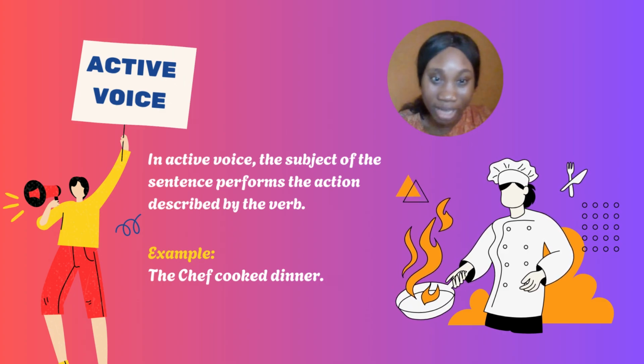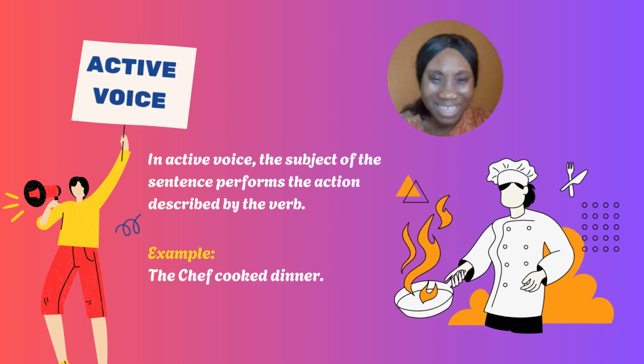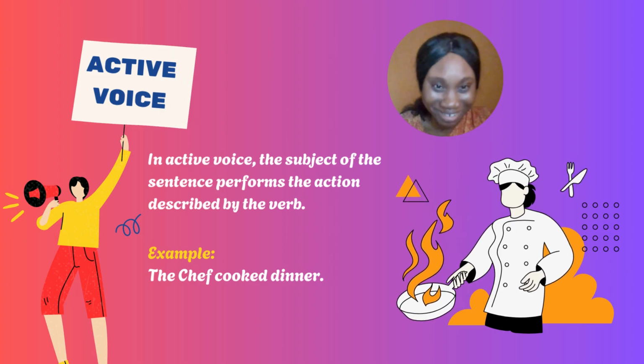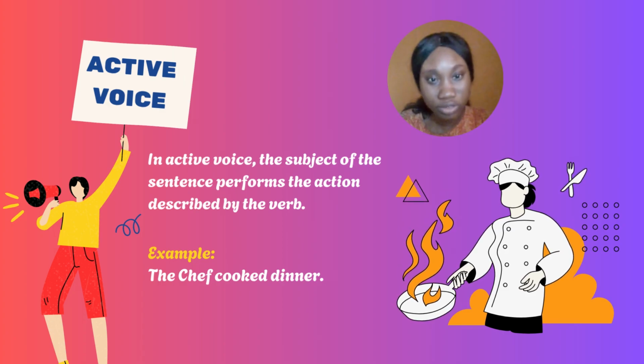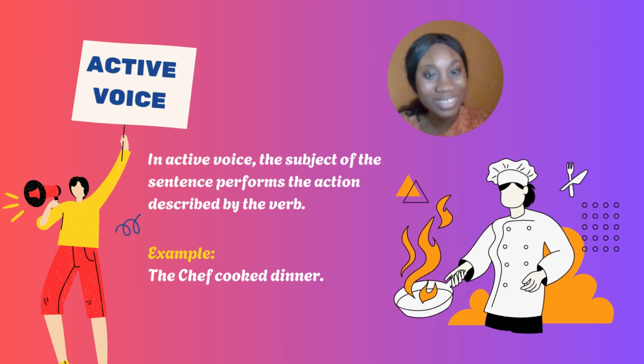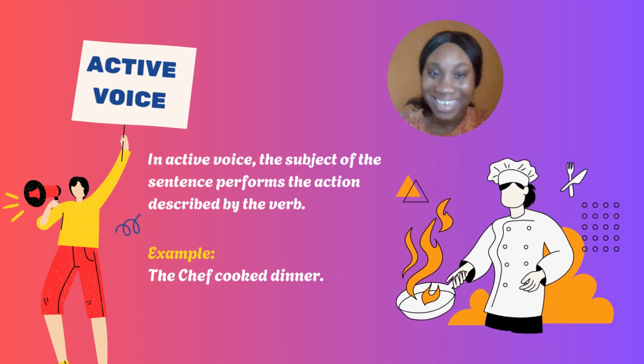You don't have to second guess what I said. But when I said the action is being done, it just sounds so unnecessary. That kind of sentence is passive voice. So for active voice, you always find the subject at the beginning of your sentence. But in passive voice, you will always find the subject towards the end of your sentence.